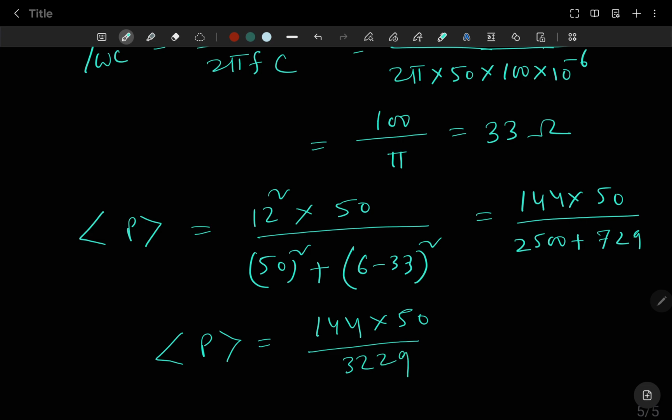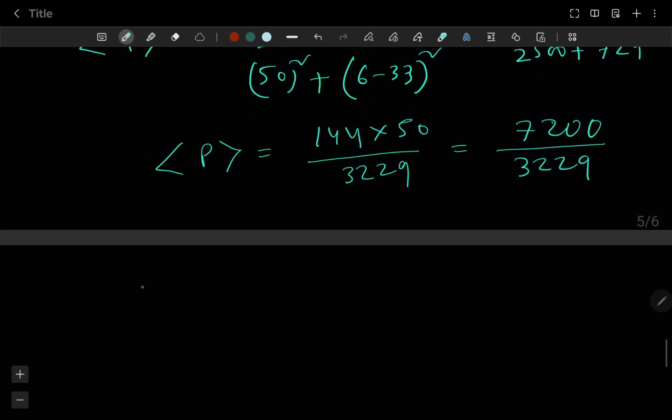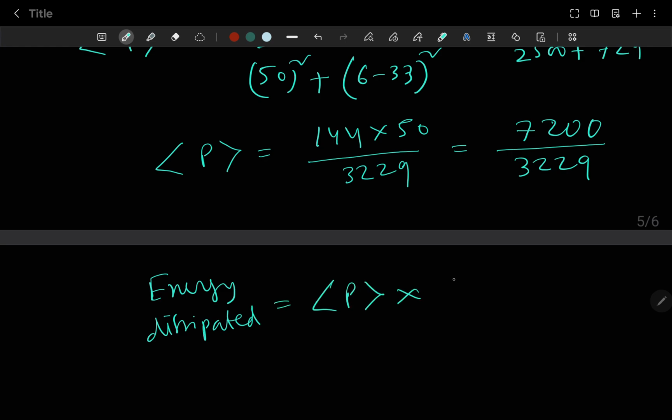So the total energy dissipated will be average power into time.